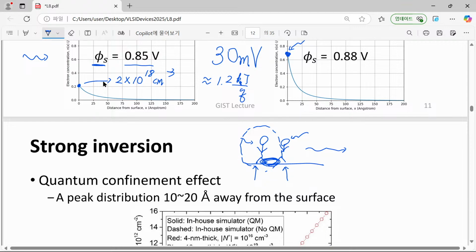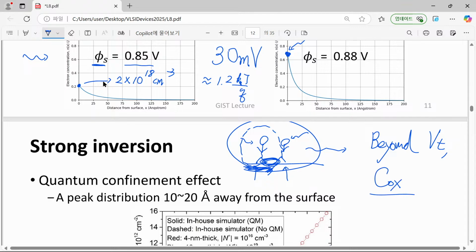So the overall behavior is now limited by the slow guy, the oxide. Eventually, simply speaking, beyond threshold voltage, the behavior of the MOS system is determined by just the oxide. So oxide capacitance becomes the dominant capacitance we will see from our MOS system.